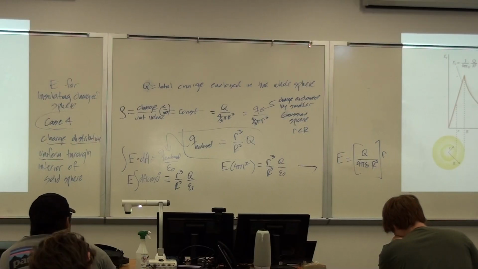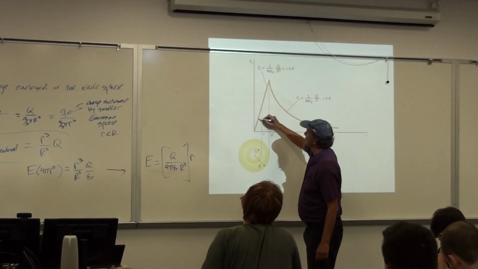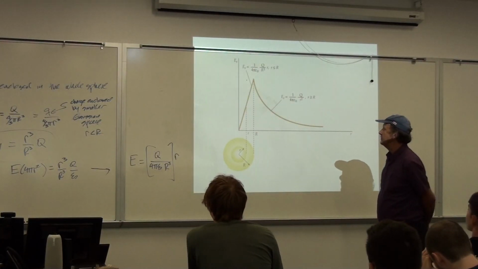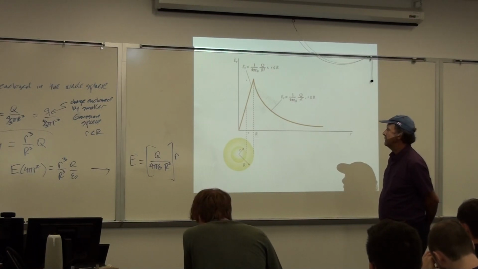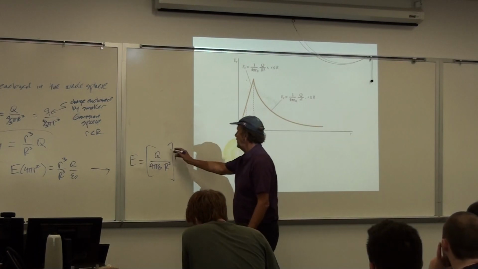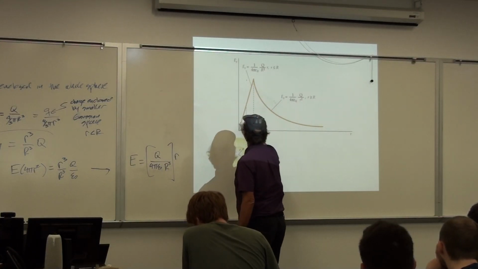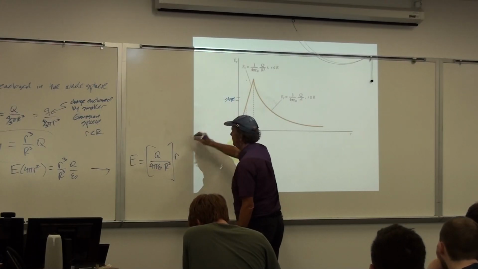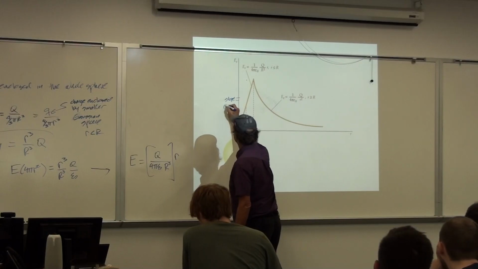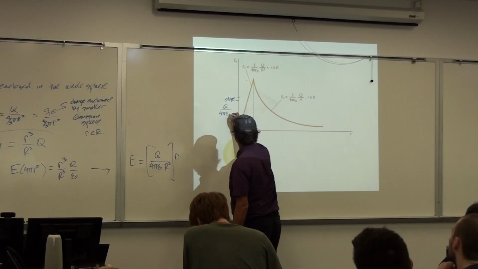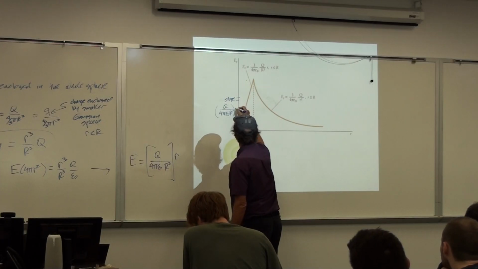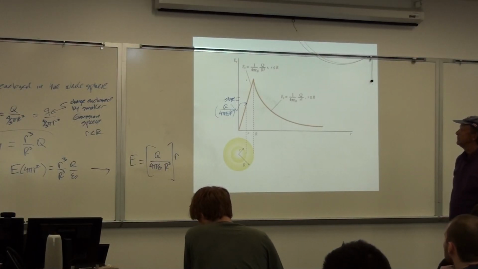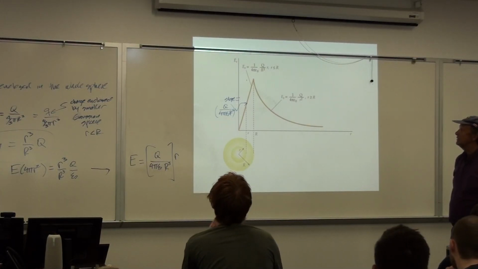So what that's telling us is that the electric field has a constant slope, I should say, because it's constantly increasing for values of R that are less than big R. So this is E equals some constant times R, like this. The slope of this curve is this thing in the brackets, Q divided by 4 pi epsilon naught R cubed. That's the slope of that curve in that region. And it goes linearly as R.